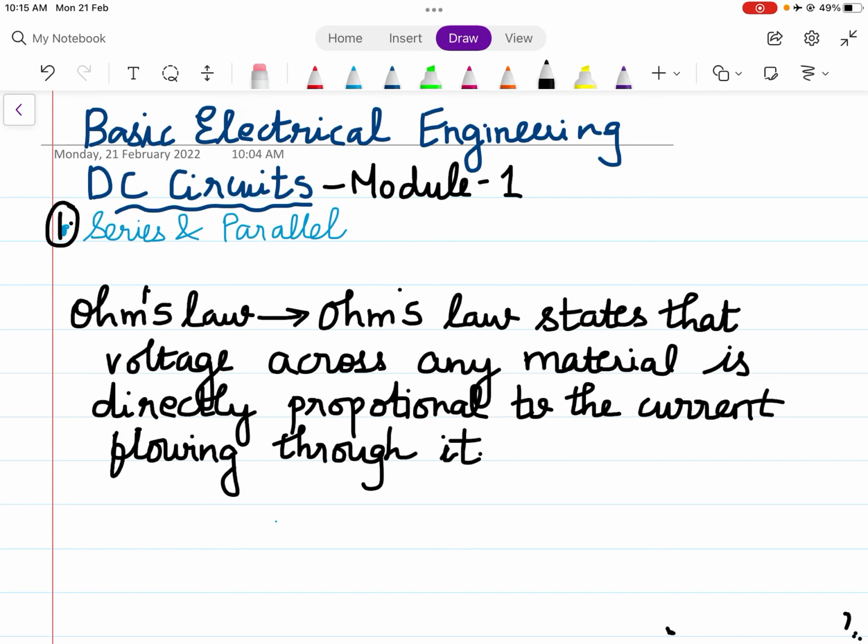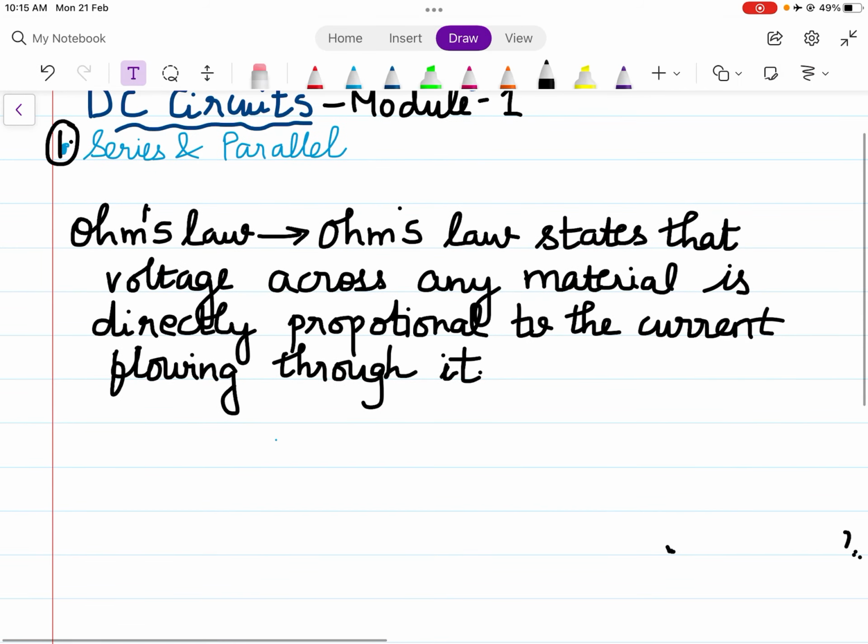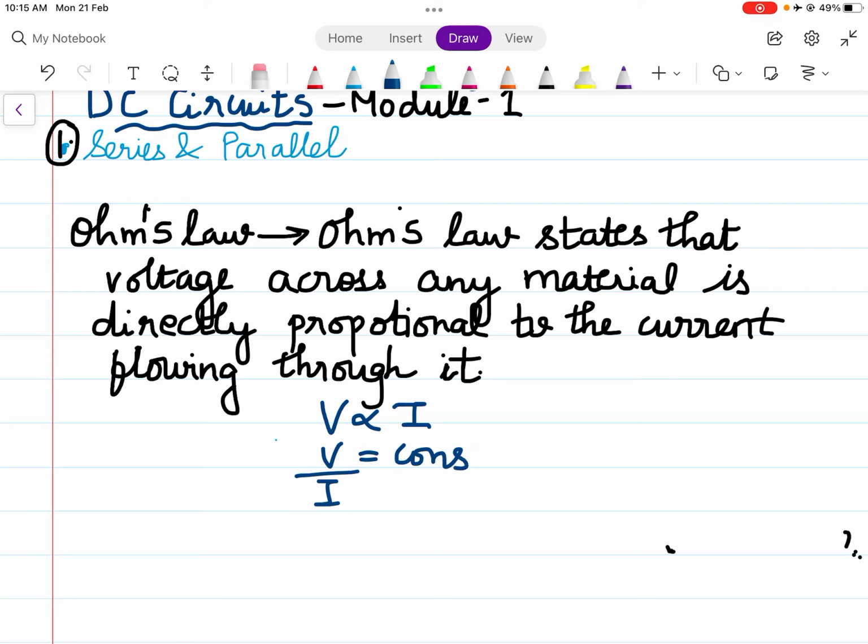So we say that V is directly proportional to I. Voltage is directly proportional to the current flowing. So V by I is equal to a constant, and this constant is nothing but R. V by I is equal to R, and this R is resistance.